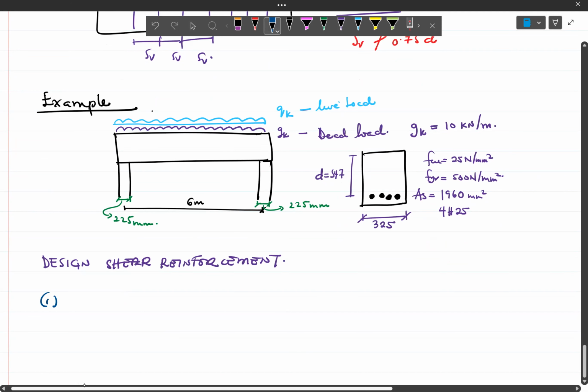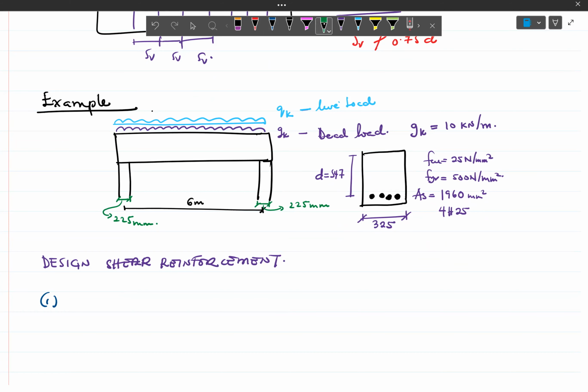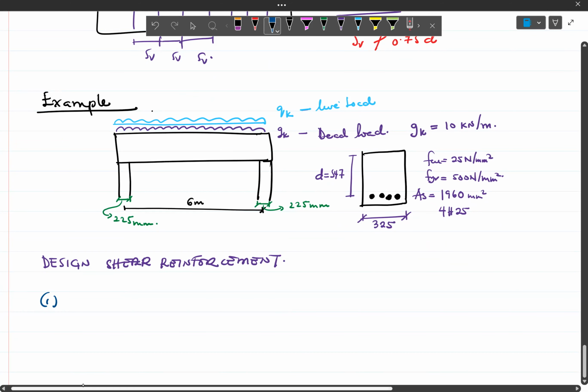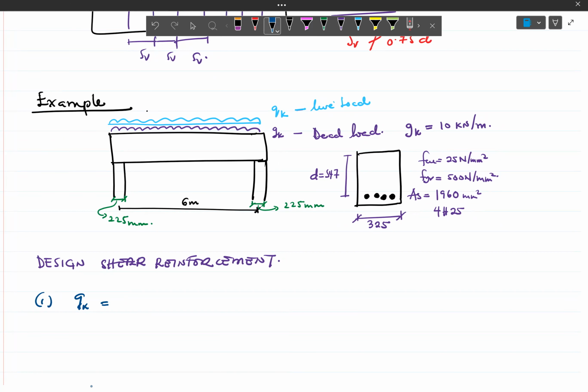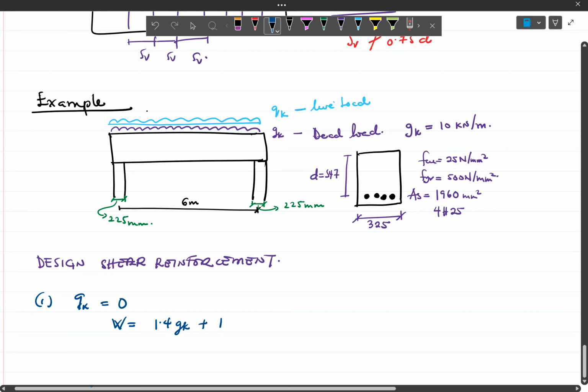So the first case, QK is equal to, let's say, 0. Let's start with that one. So if QK is 0, the ultimate load W is 1.4 GK plus 1.6 QK.